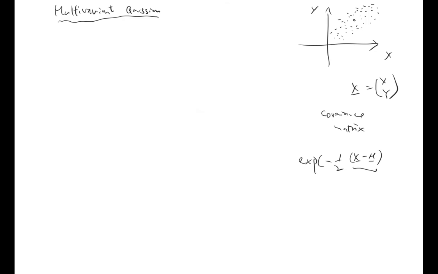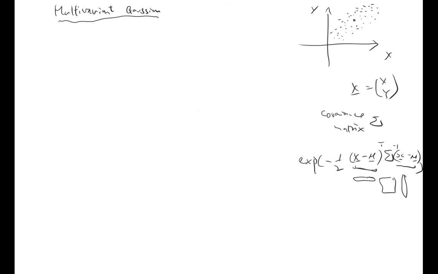I have a covariance matrix, sigma inverse, times x minus mu. So this is transpose. Here x and mu are column vectors, so this is a column vector, this is a row vector. This thing multiplied by this matrix here will give you just a scalar number. I want a scalar number because this is a probability, right? The probability has to be a scalar.